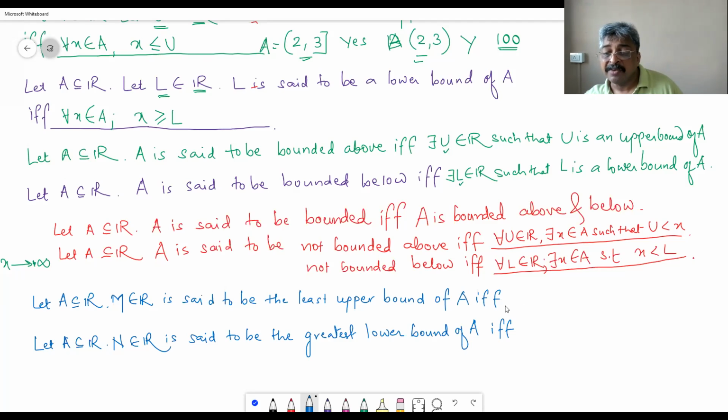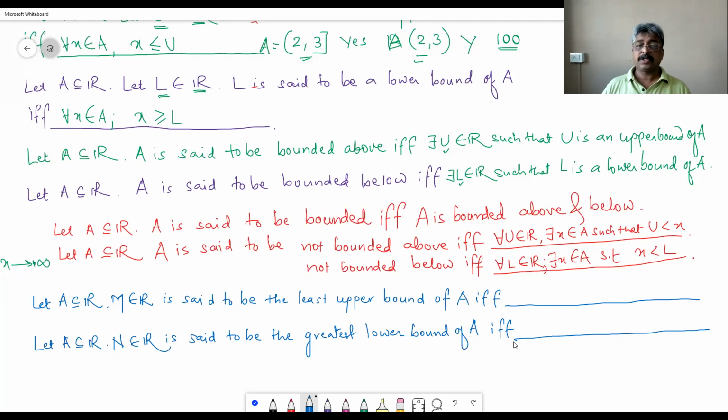Now see, having written so many definitions, you should precisely write what is required now. Take your time, think about it, create your notation.